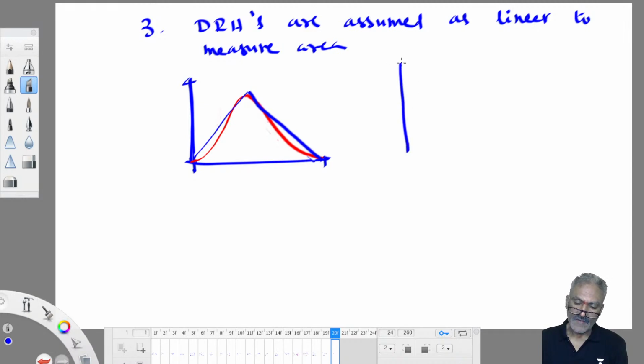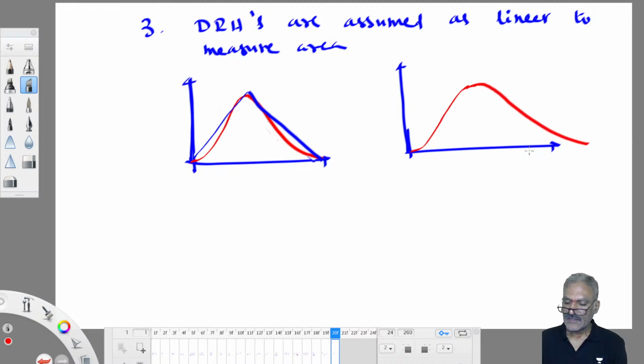Similarly, if you have a squatty type hydrograph, that is, base more, wide peak, like this. Such type of hydrographs we can idealize as trapezoidal shape. We assume it as trapezoidal so that we can easily measure areas.